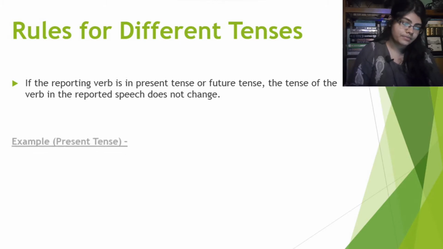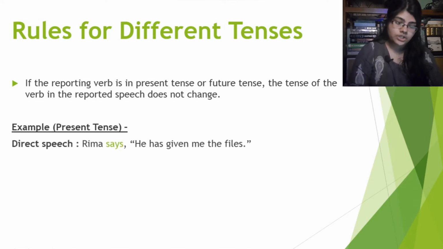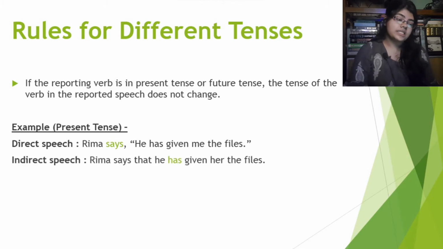For example, present tense, if the reporting verb is in present tense, direct speech, Rima says, "He has given me the files." In the indirect speech it will be, Rima says that he has given her the files. Now what happened here?